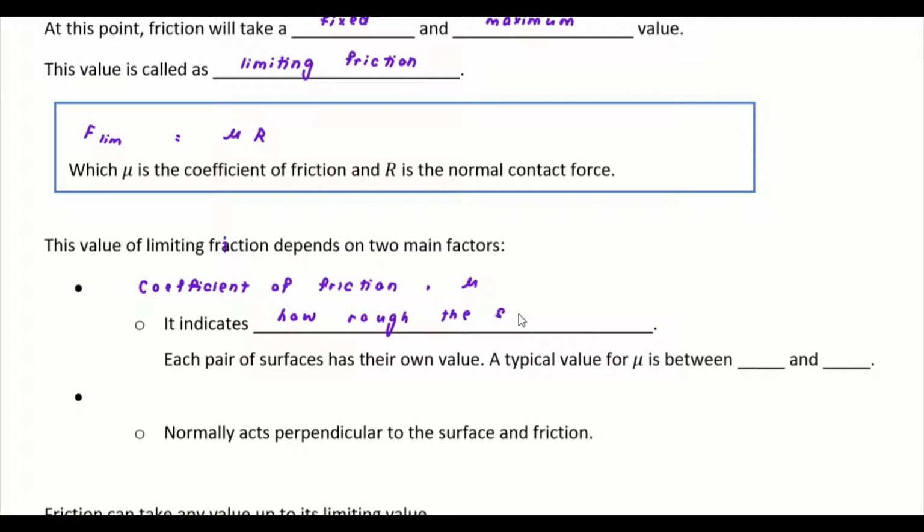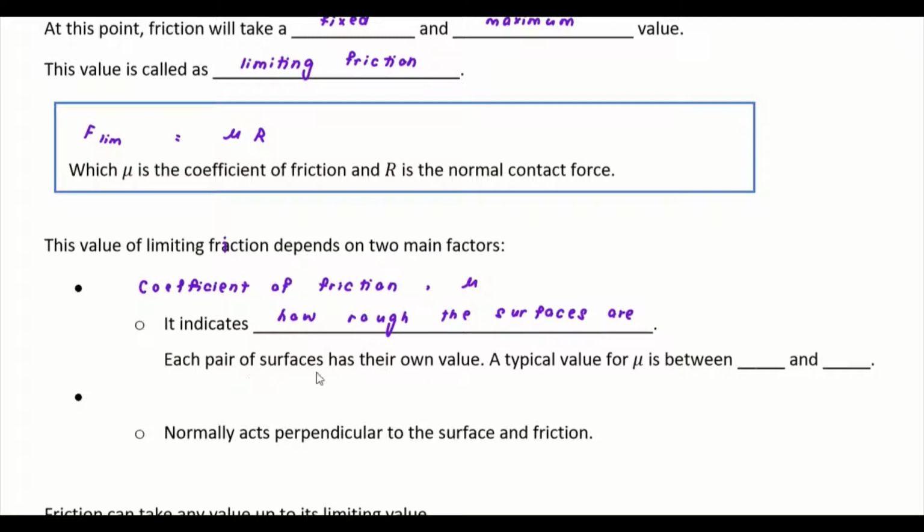So as you have a larger mu, it means the surface is rough and will create more friction than the other. The higher the value, the more friction it will apply.